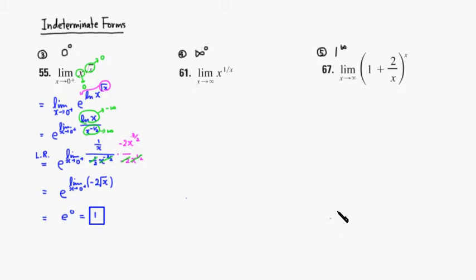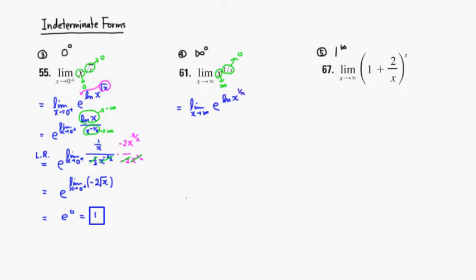How about the next one? If you have infinity to the 0, you can see that as x approaches infinity, the base approaches infinity, but the power approaches 1 over infinity, so it approaches 0. We can use exactly the same trick. We can write it as the limit as x approaches infinity of e to the natural log of x to the 1 over x power.